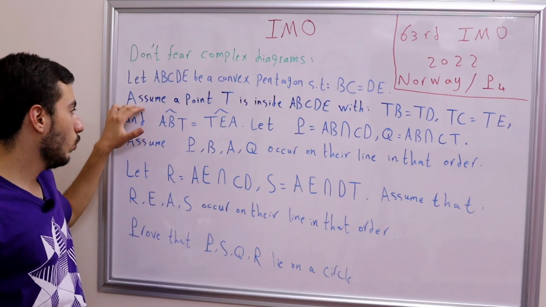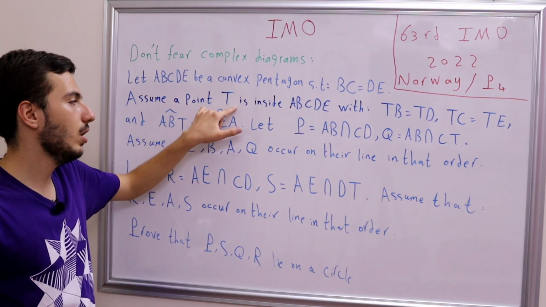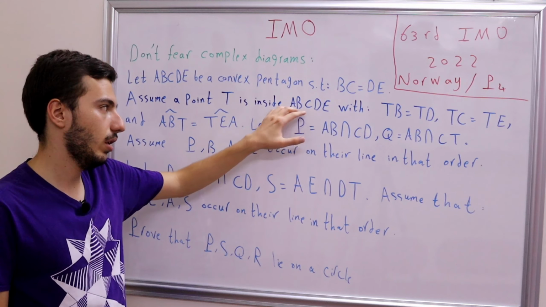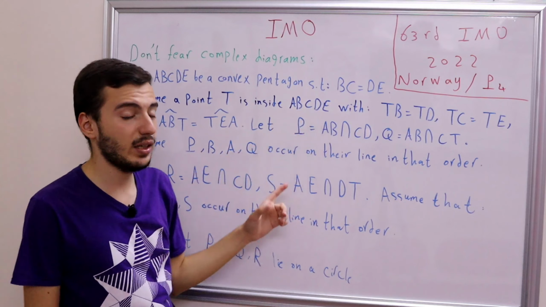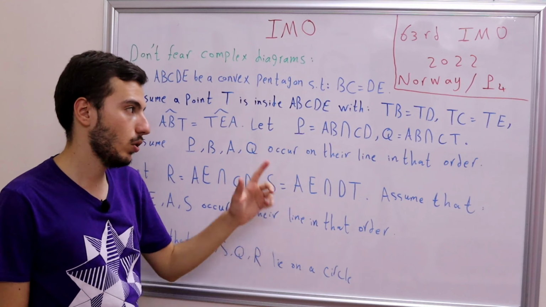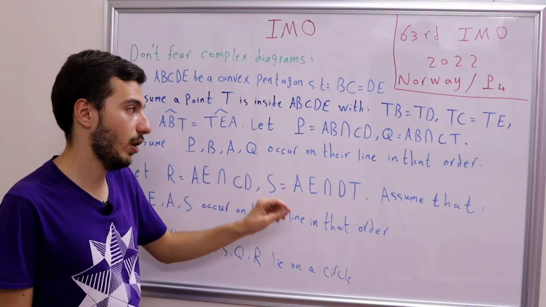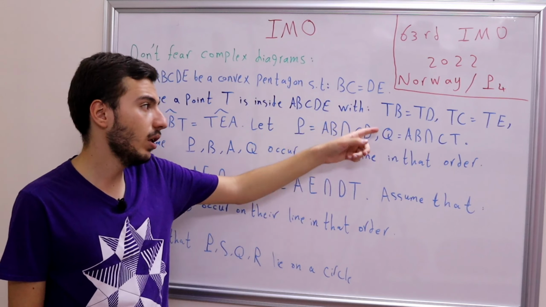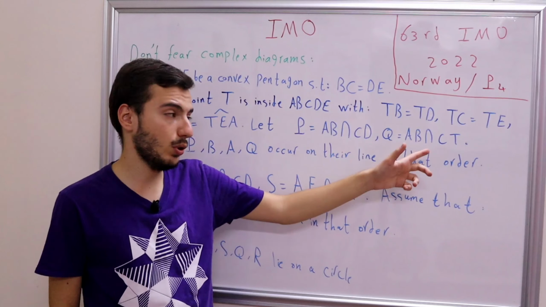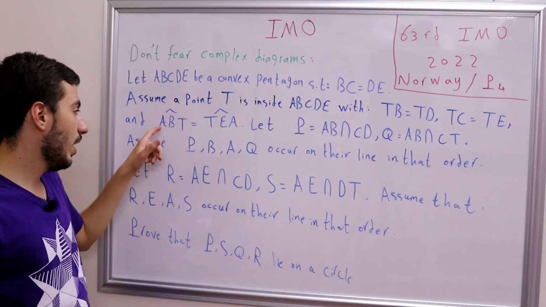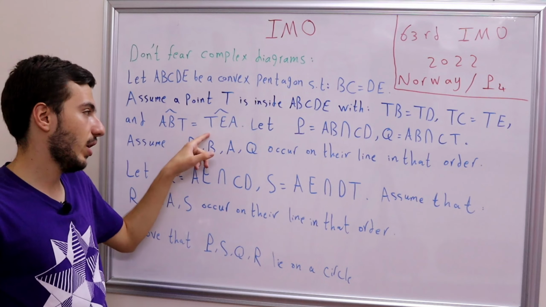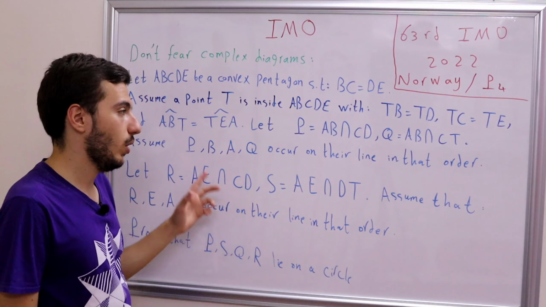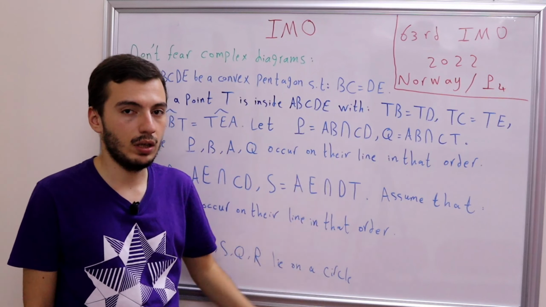Then we assume there is a point T inside the pentagon ABCDE that satisfies 3 properties: number 1, TB equals TD; number 2, TC equals TE; and number 3, angle ABT is the same as angle TEA.